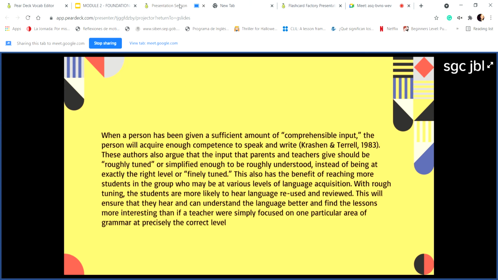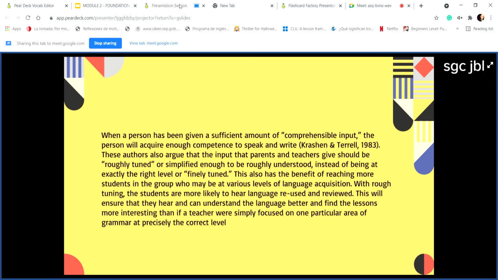All right. When a person has been given a sufficient amount of comprehensible input, the person will acquire enough competence to speak and write. This is according to the input and output theory from Krashen. These authors also argue that the input that parents and teachers give should be roughly tuned.